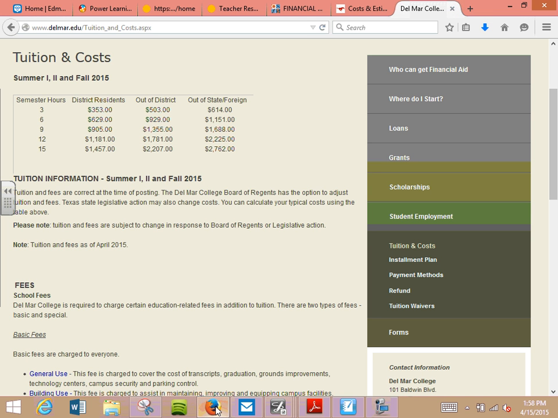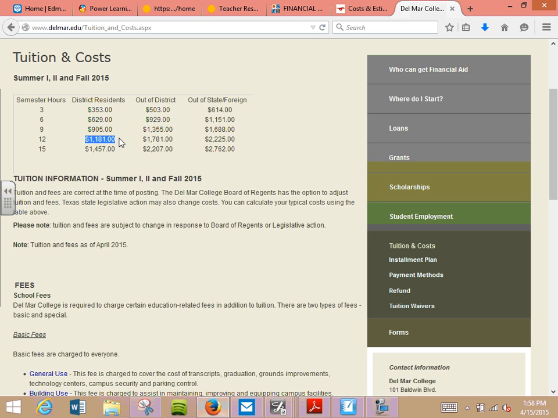I explained that residents and non-residents pay very different tuition fees. Even for districts like community colleges, anybody who lives in a district pays a certain amount, and if you're outside of the district, you pay more. Same thing here. Notice how the prices change according to where you are. So right there, that is for district residents.